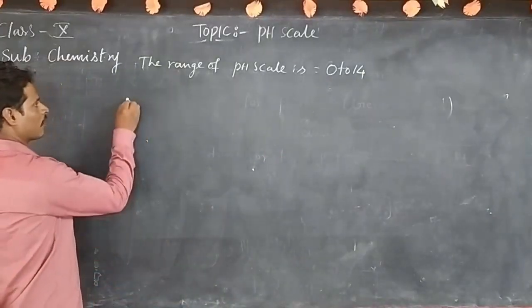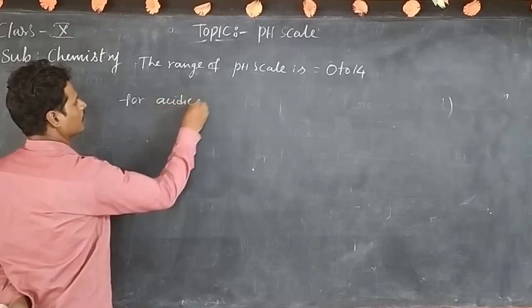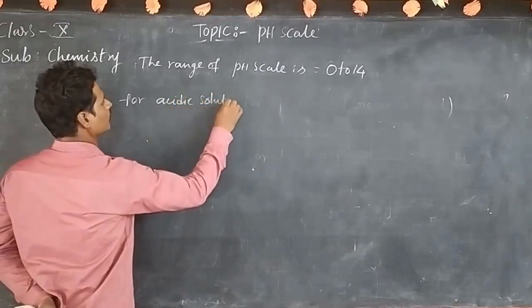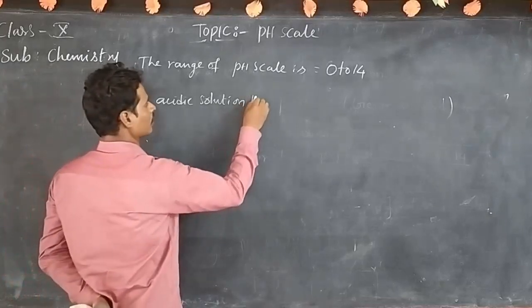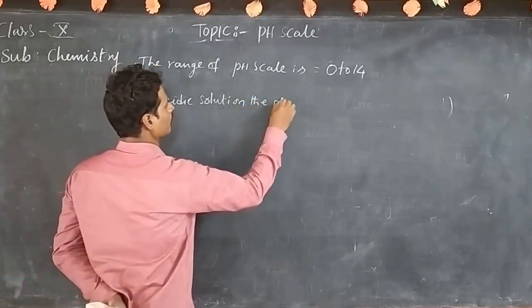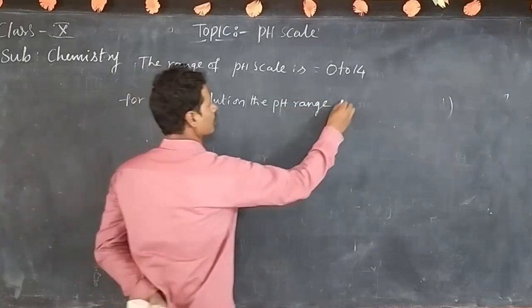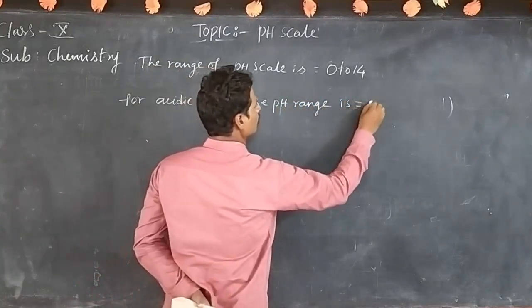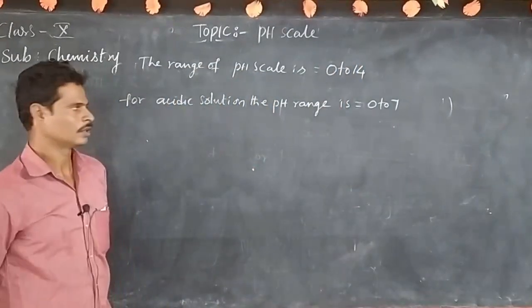For acidic solutions, the pH range is 0 to 7.